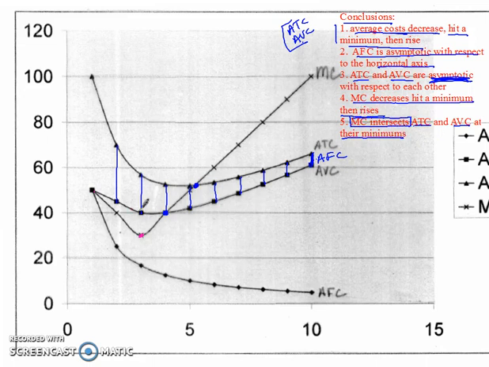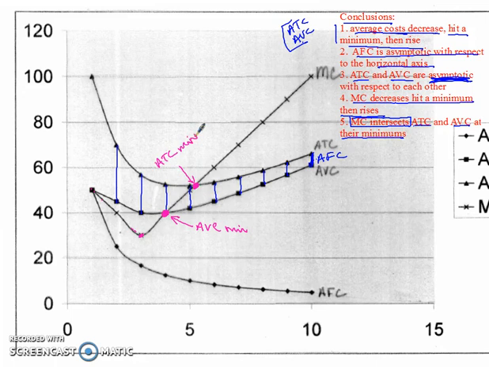What that means is that where the marginal cost curve intersects the average variable cost, which is right here, that's where the average variable cost is at its minimum. And then as the marginal cost continues going, it will hit the average total cost curve right there, at the minimum of the average total cost.